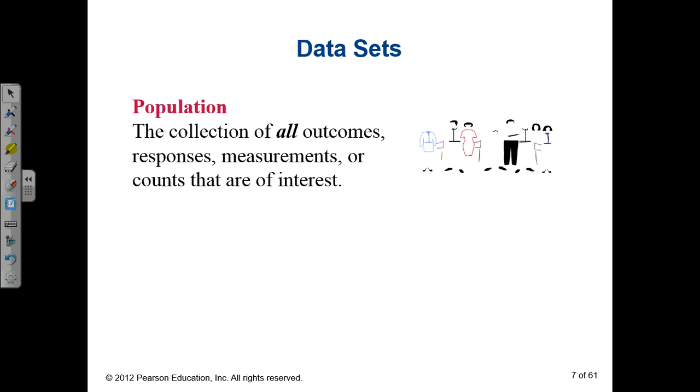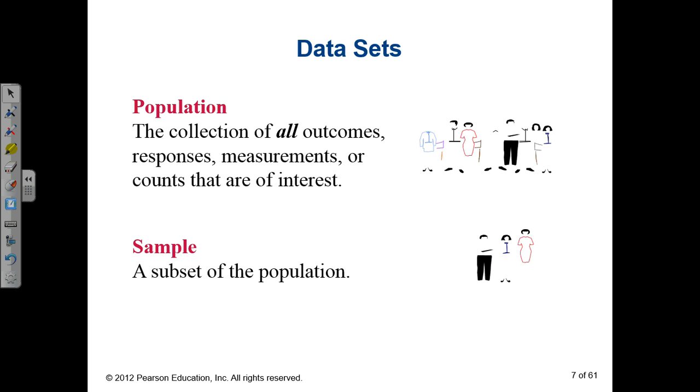If I'm interested in the average GPA of the students in my online class, then the population is just my students. If I'm interested in the average GPA of online students at Florida Southern, then it's all the online students at Florida Southern.